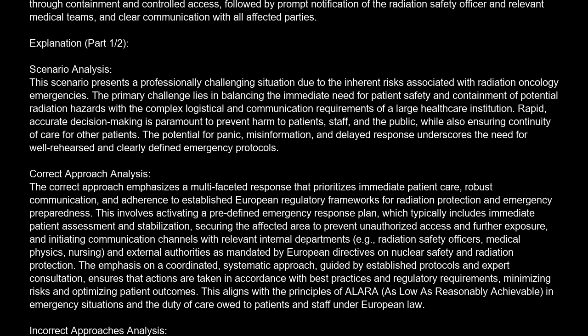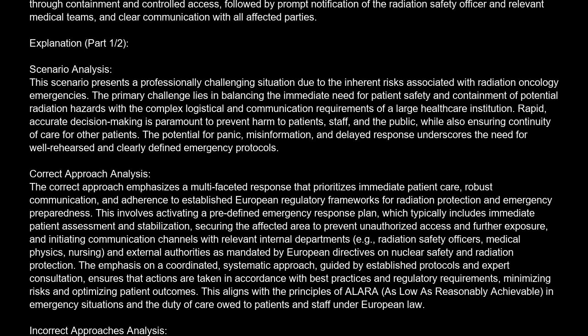Rapid, accurate decision-making is paramount to prevent harm to patients, staff, and the public, while also ensuring continuity of care for other patients. The potential for panic, misinformation, and delayed response underscores the need for well-rehearsed and clearly defined emergency protocols.